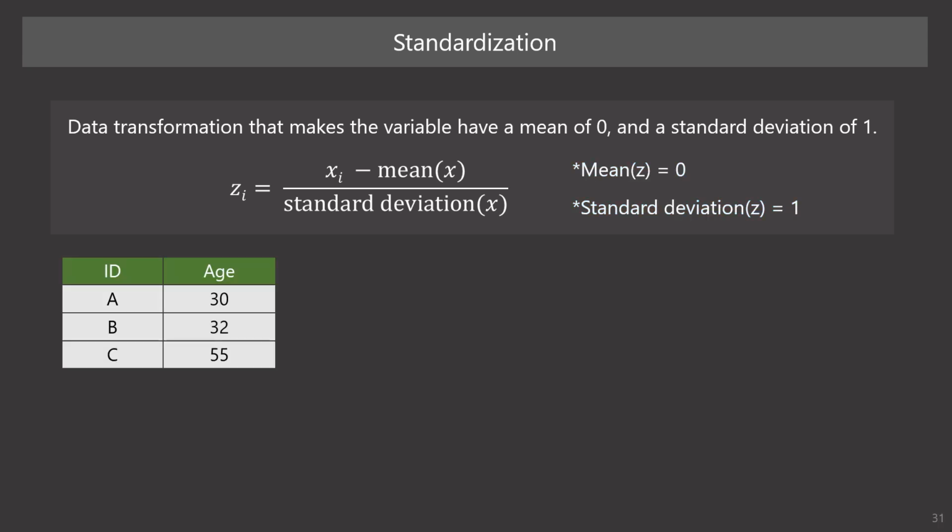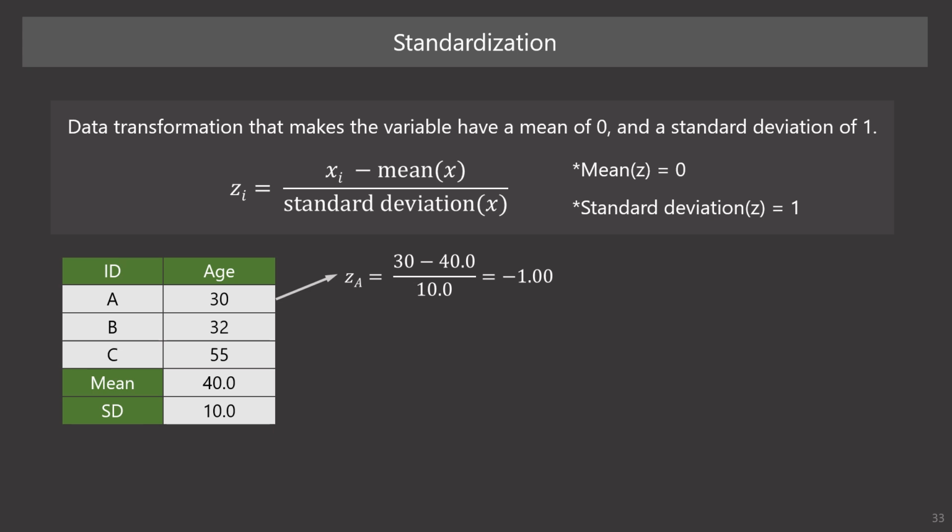Let's use the customer data as an example. We standardize age data for each customer. First, we compute the average and the standard deviation. Suppose when all customers are included, the average age is 40 and the standard deviation is 10.